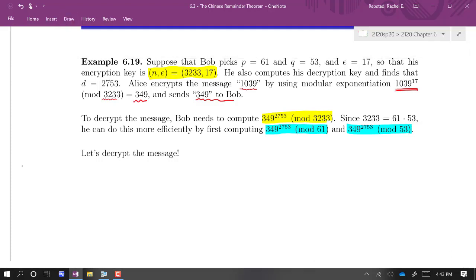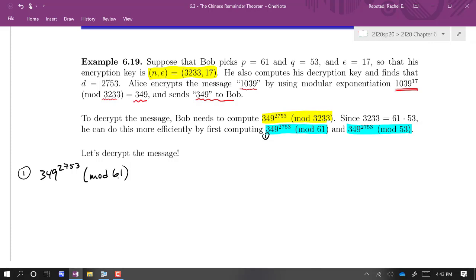So let's begin. The first part, I'll do that one first, is 349 to the 2753 power mod 61. We're using the Chinese remainder theorem, and that's why we're splitting it up.